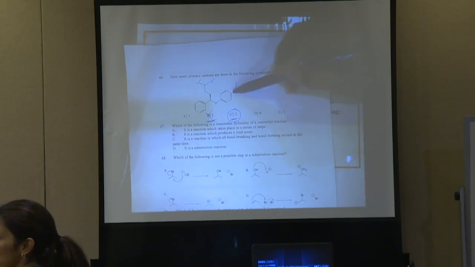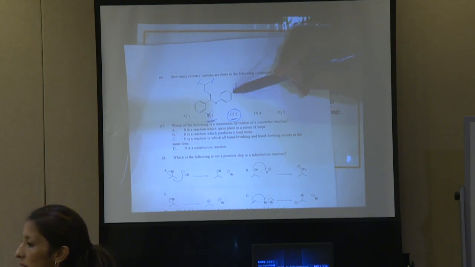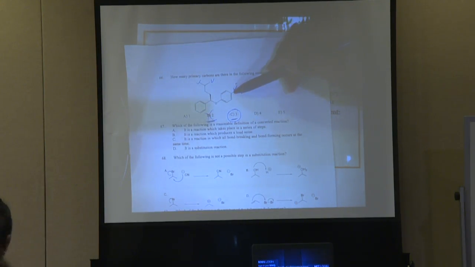How long did it take us, even though we went carbon by carbon? Maybe 20, 30 seconds at the most. And it's pretty easy points that you don't have to miss, right? So always try to get the easy, quick ones first, and then you can go back. Even if you know a concept, you can still go back later, especially if you know you're a little slower at those problems.